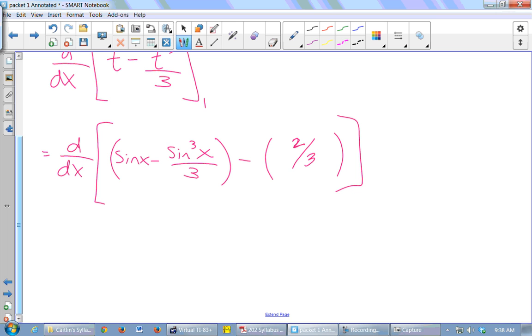Okay, now I'm going to take the derivative of this thing. What's the derivative of sine x? Cosine x. And now the derivative of sine cubed x over 3. Close. Let's do it on another.